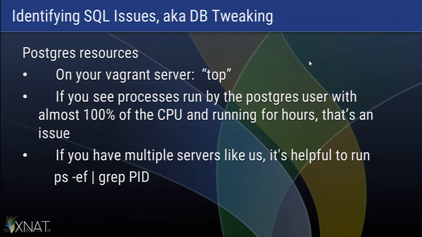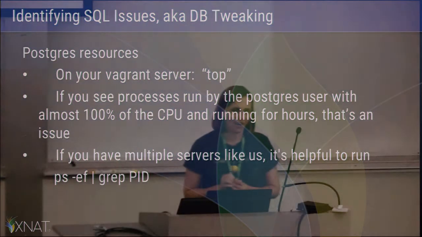And then the other thing we did to find issues is if things would be very, very slow, to the point of halting, we'd go over and look at the resources. Now how you look at the resources depends on what operating system you're running. We run Linux, so we run top.